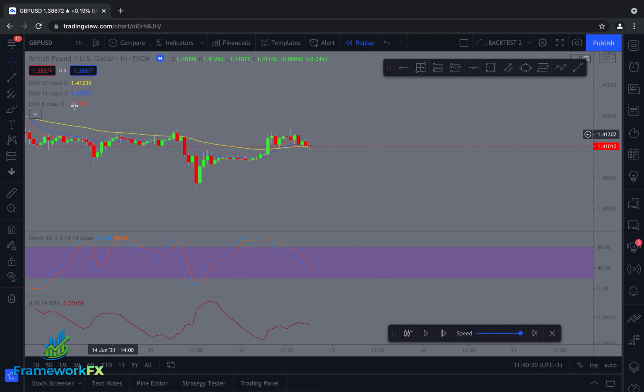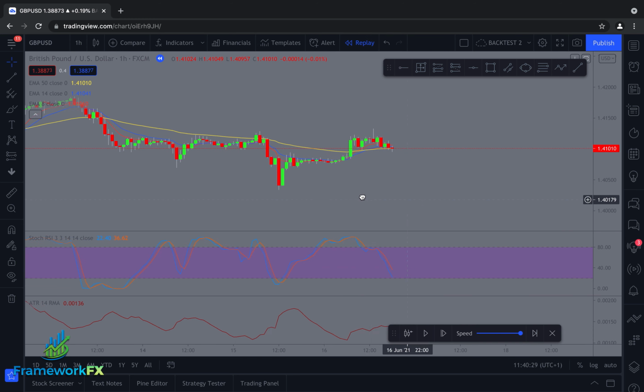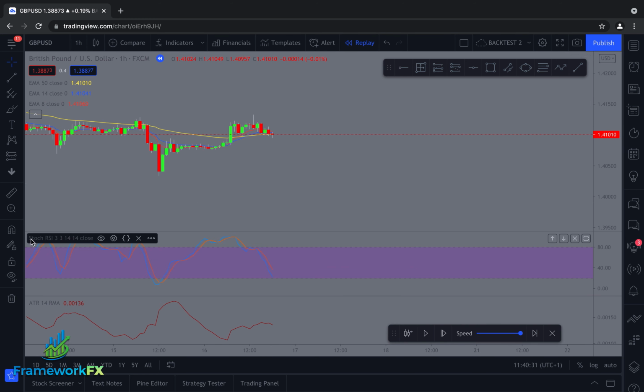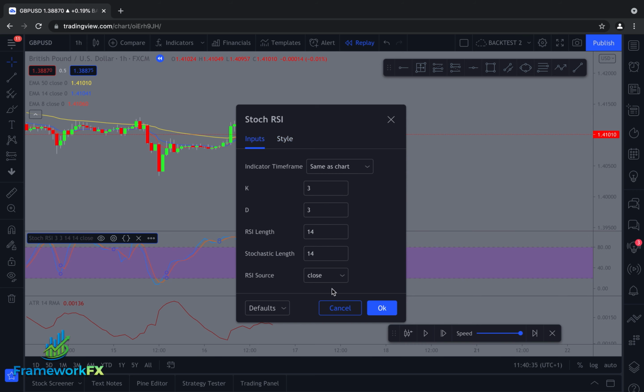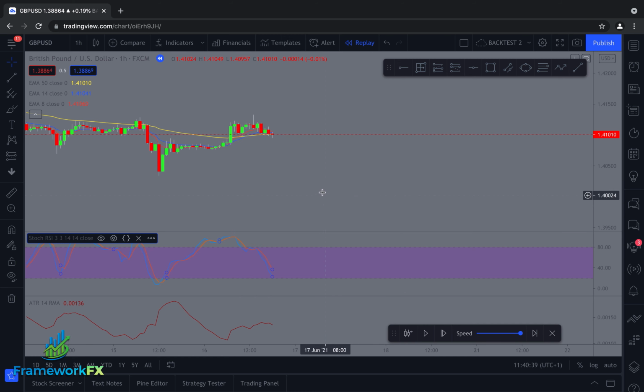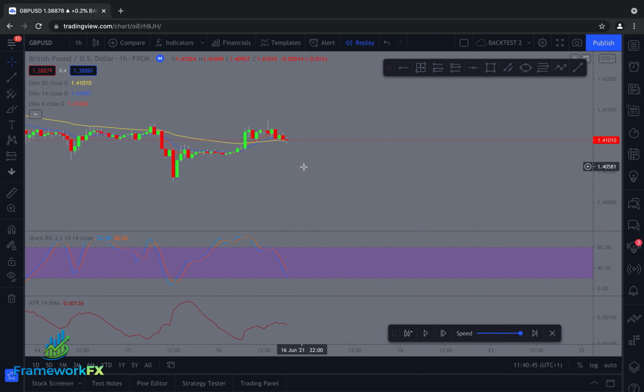What we're using is three exponential moving averages: a 50, a 14, and an 8. And they look a lot like this, running down. Then we need a stock RSI, and we're just keeping that with the stock inputs that you get through TradingView. And lastly, we just want the ATR, set at 14.